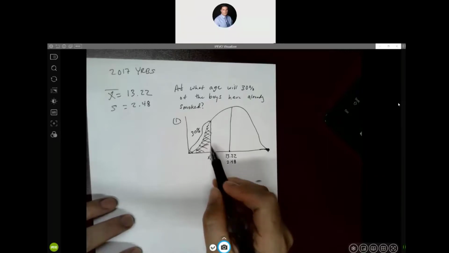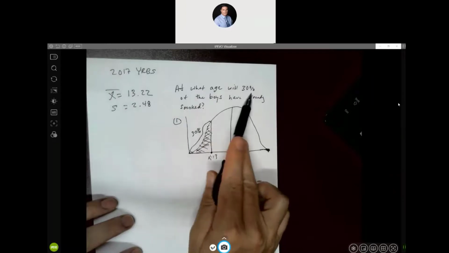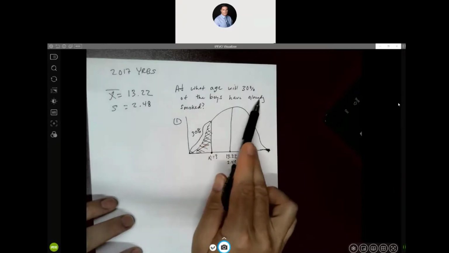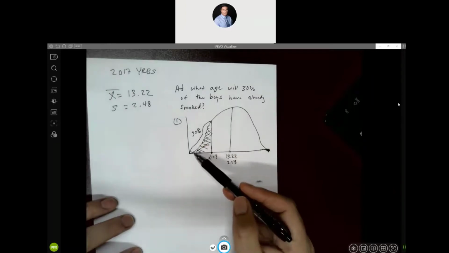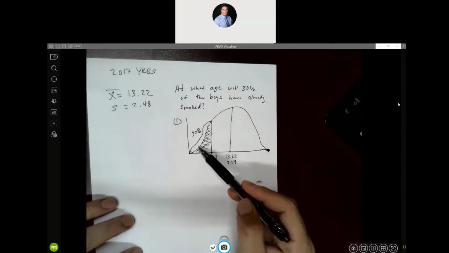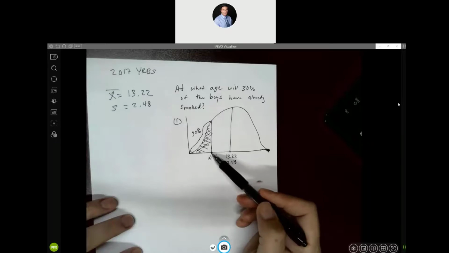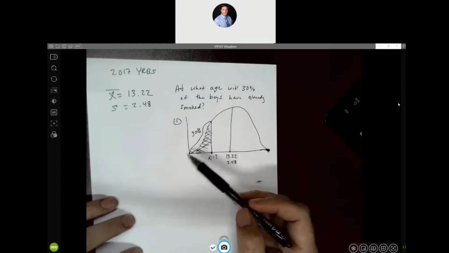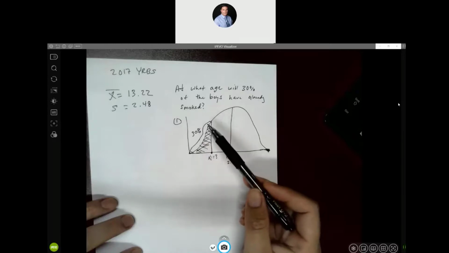I want to know at what age will 30% of the boys have smoked. Well, I've already drawn in the lowest 30% of the distribution. So I want to know what this score is.